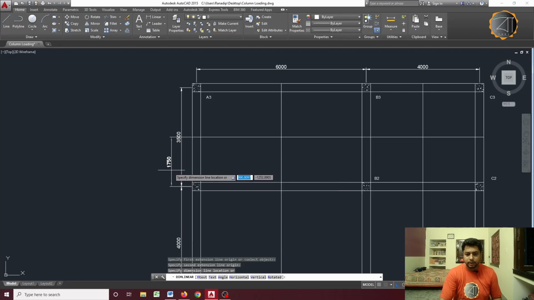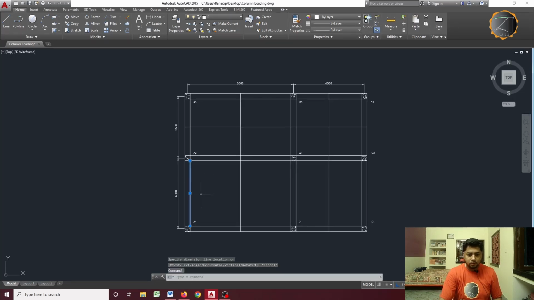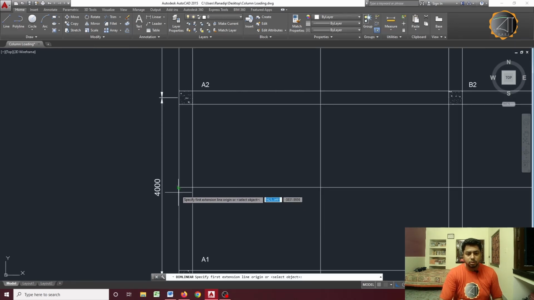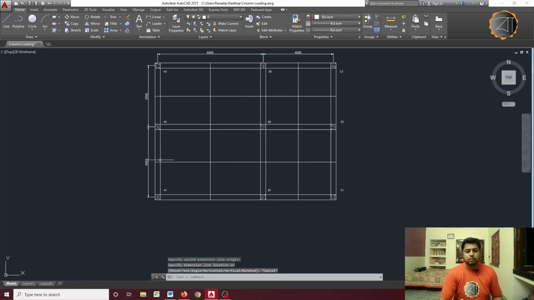Yes, that is absolutely correct. We have to do the same for the portion between A2 and A1. We just simply draw a line. The main idea is to divide the portion between adjacent columns into half, because they will share 50-50%.